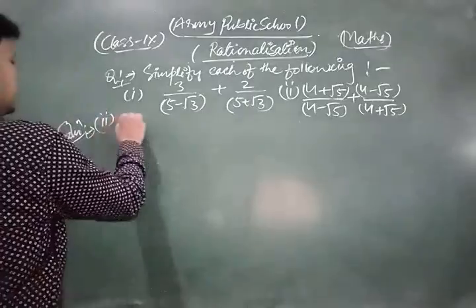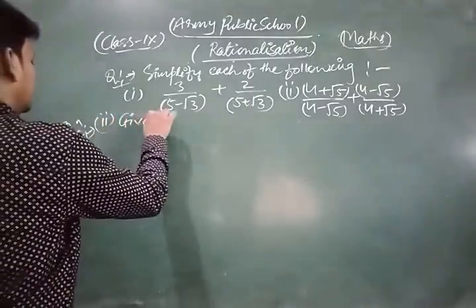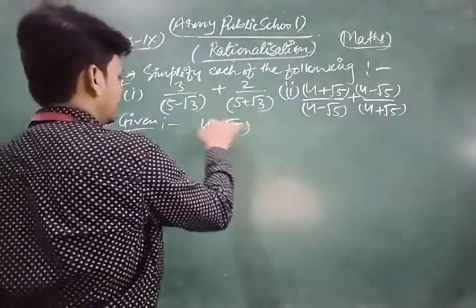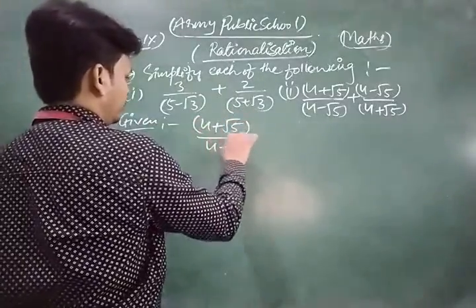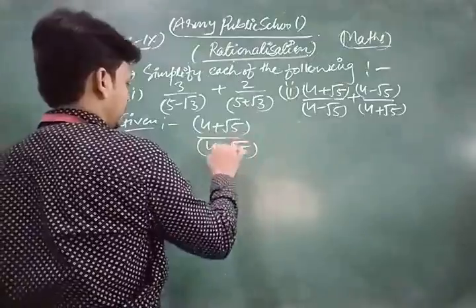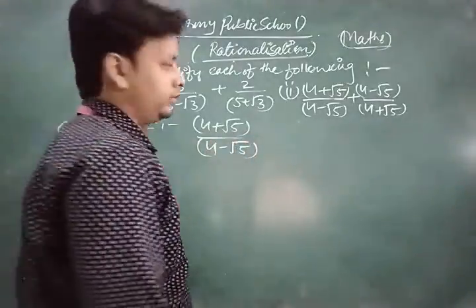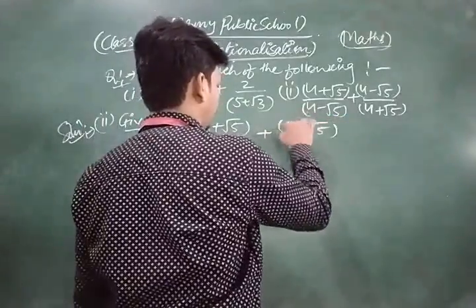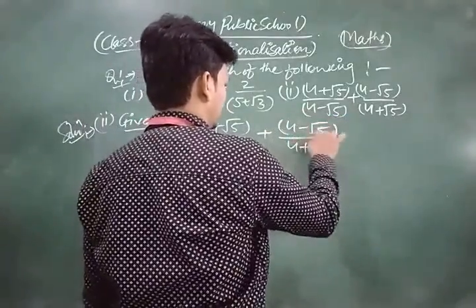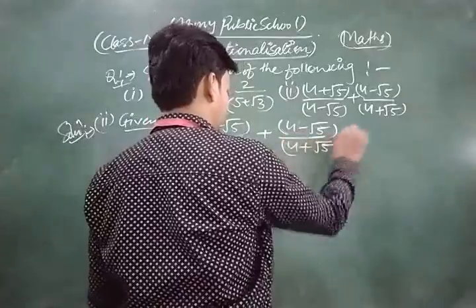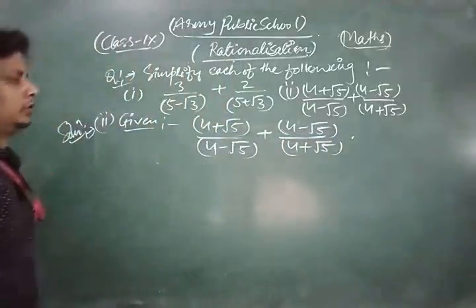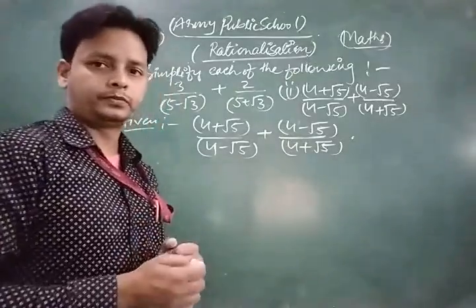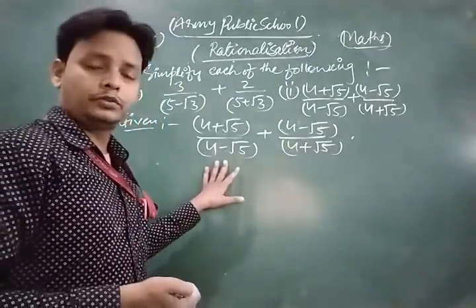The second part of this question: first of all, the given expression is 4 plus root 5 upon 4 minus root 5 plus 4 minus root 5 upon 4 plus root 5. Okay, now what do I do for that?